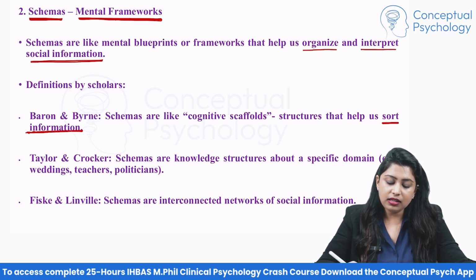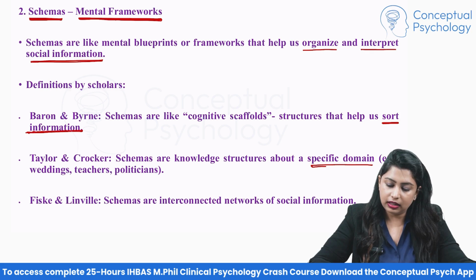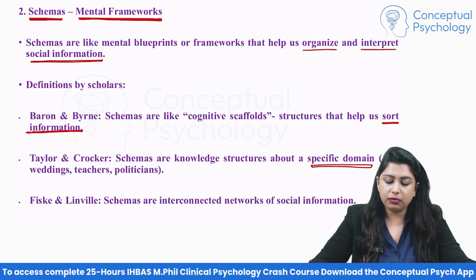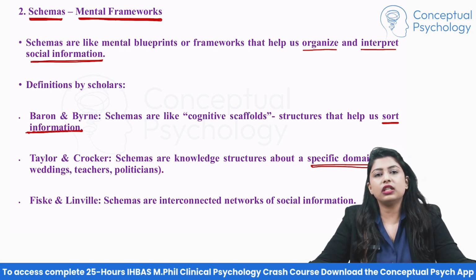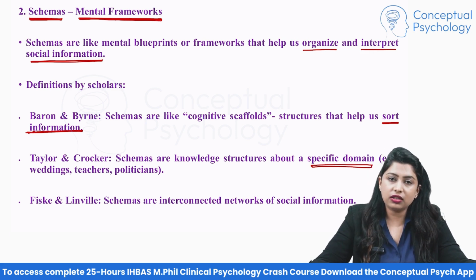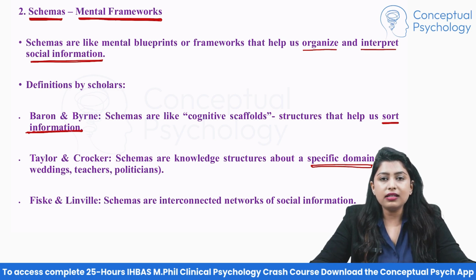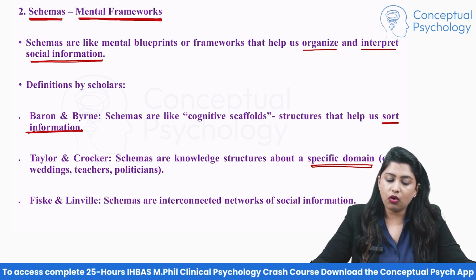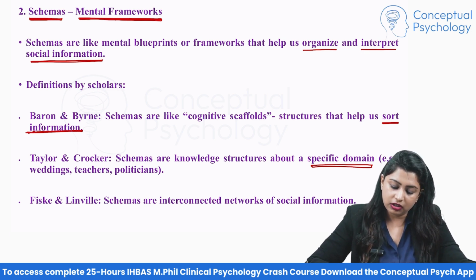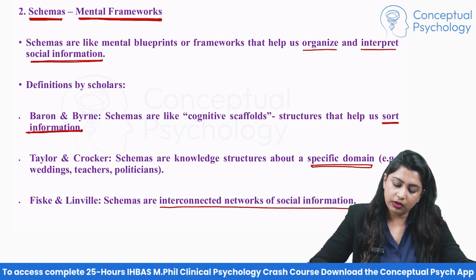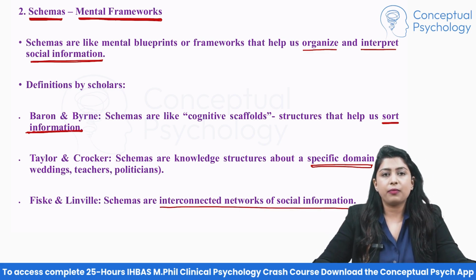Then schemas are knowledge structures about a specific domain. So it could be about weddings, it could be about teachers, it could be about politicians. And schemas are interconnected networks of social information. So this is also how we could define schemas.